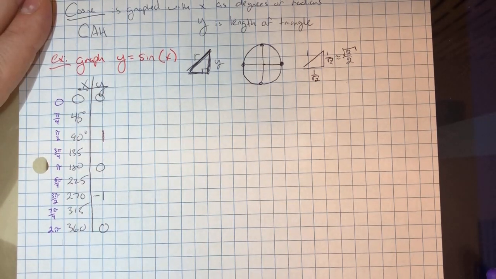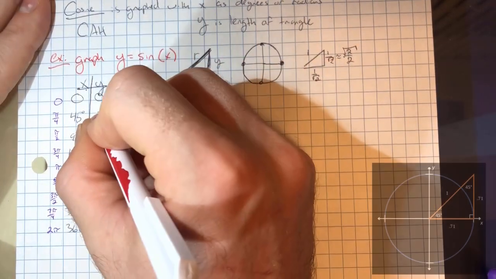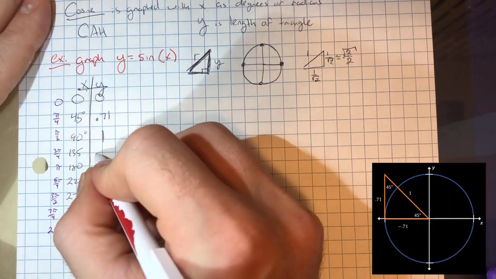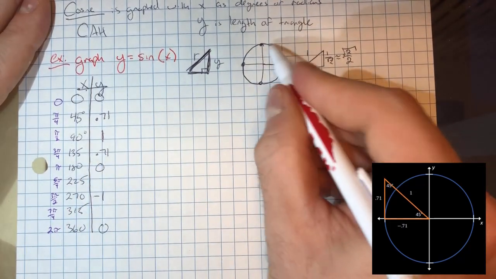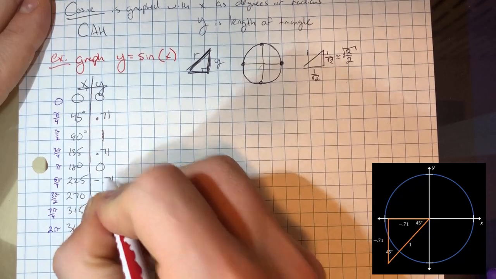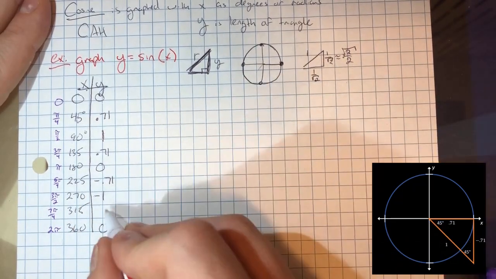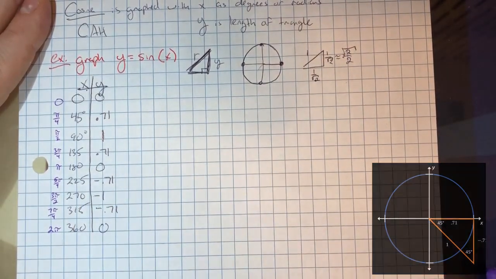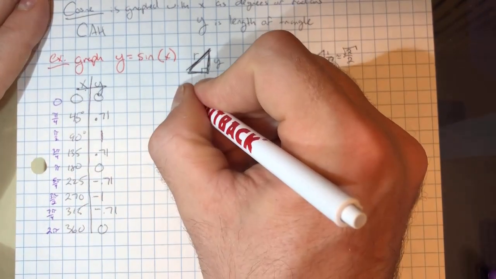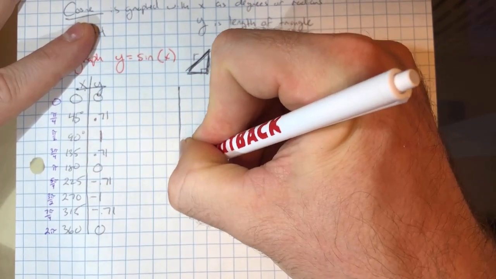The square root of 2 divided by 2 gives us roughly 0.71. So that's 0.71. Same thing over here, 0.71. And when we hit this angle, it is a negative 0.71. And again over here, it's a negative 0.71. We're going to graph these values on an x and y axis and see what shape they make.